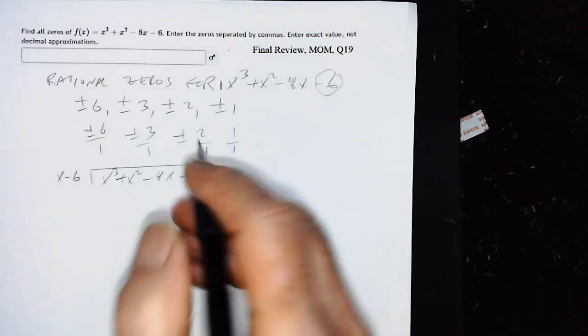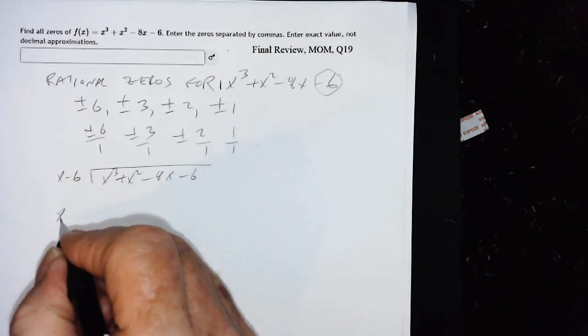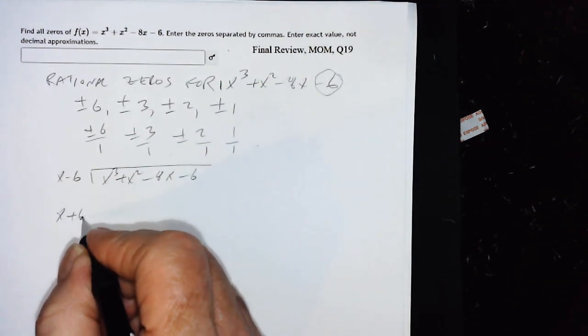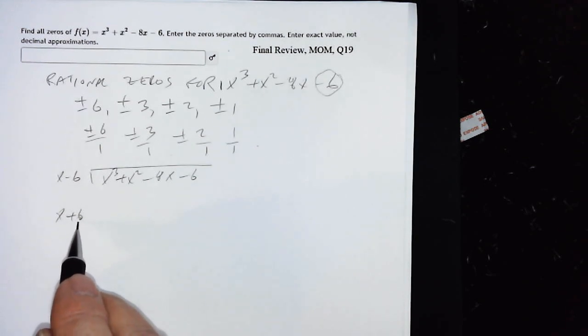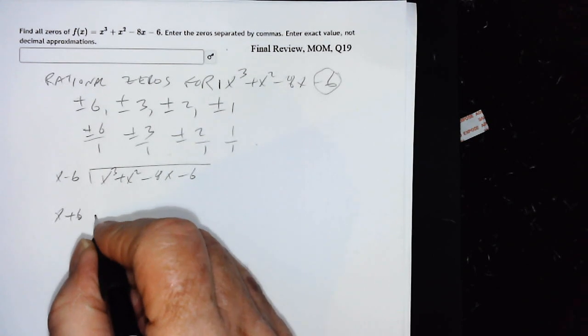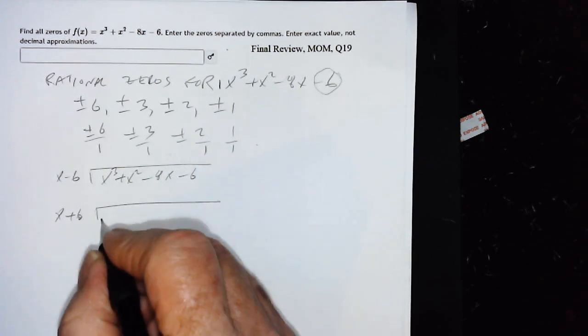And we could take each one of these possibilities, x plus 6, which is the same as x minus a negative 6, and divide that by long division into that.